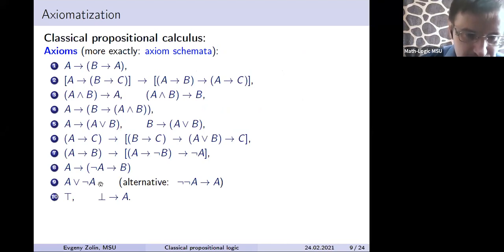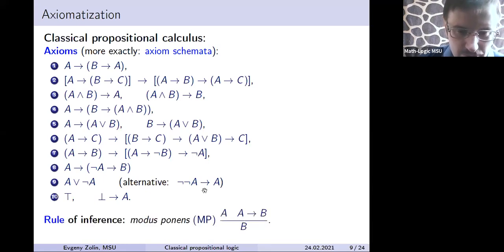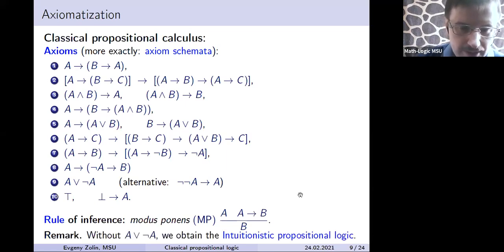There are different axioms in different textbooks. So these are axioms, and this is the rule of inference. Just one rule of inference. And if you drop axiom number 9, you obtain intuitionistic propositional logic.